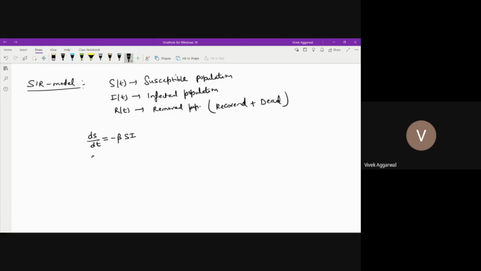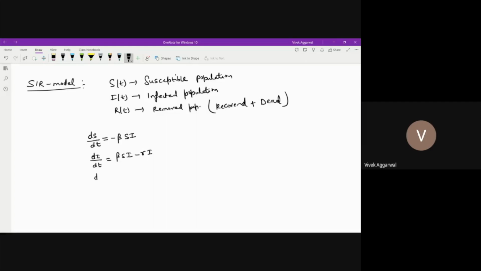Then we have dI/dt. It is the same beta S I with a positive sign because the infected people are increasing, minus gamma I, because we are subtracting from the infected people.